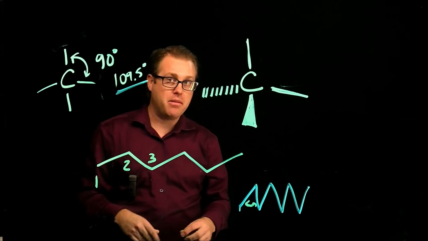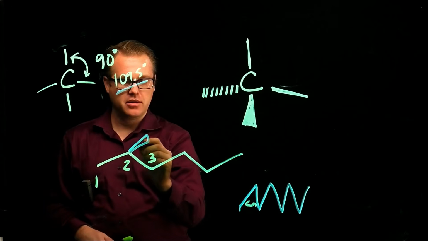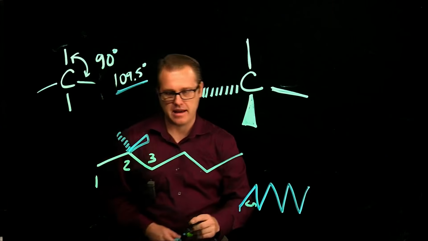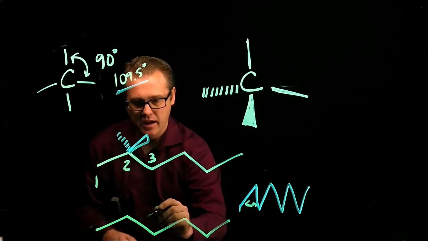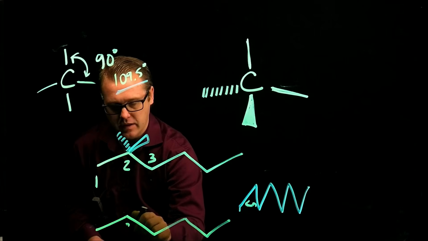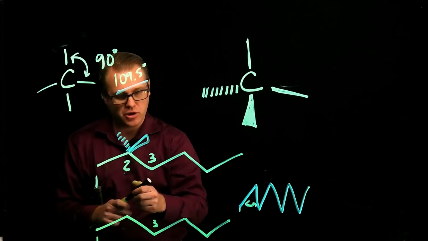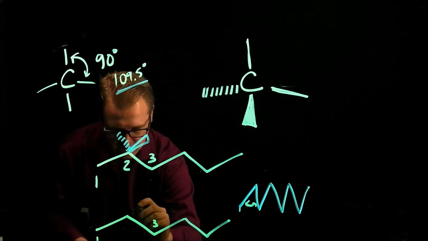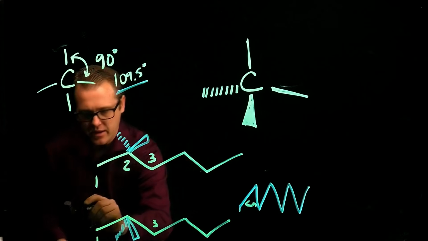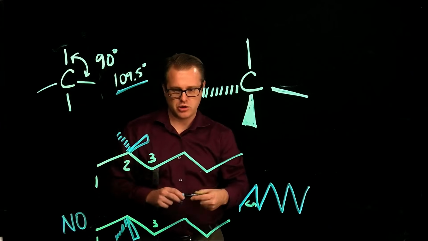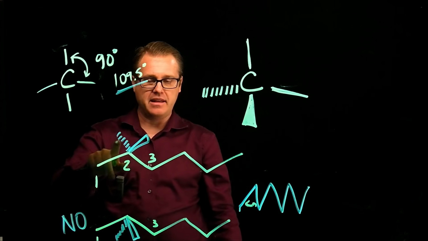So you find that apex and you simply draw a wedge and a dash like that. If this one right here is carbon 2, you do not draw the wedges and dashes like that. This is a no-no. Don't do that. You find the apex and you draw the wedge and the dash.